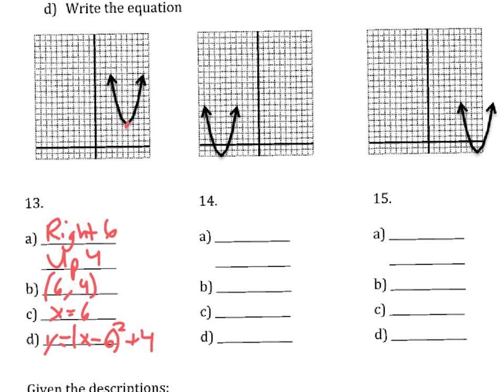So again, remember that the up or down direction is always the same sign as indicated, like up is positive, down is negative. So that up and down is the same sign, but for right and left, it's the opposite sign. So right 6 is actually a -6 on the inside of the parentheses.